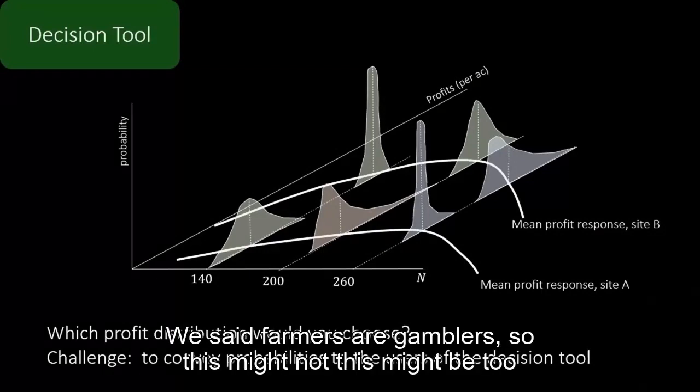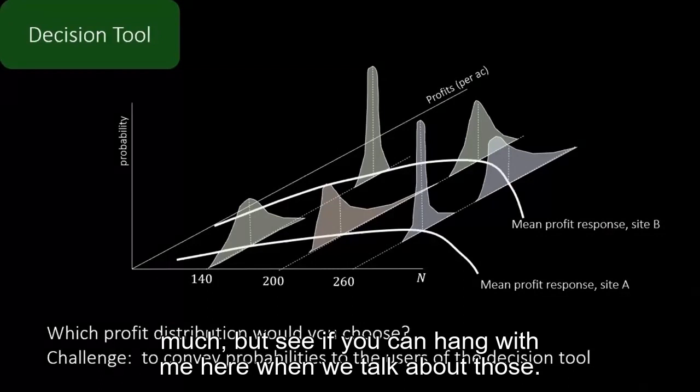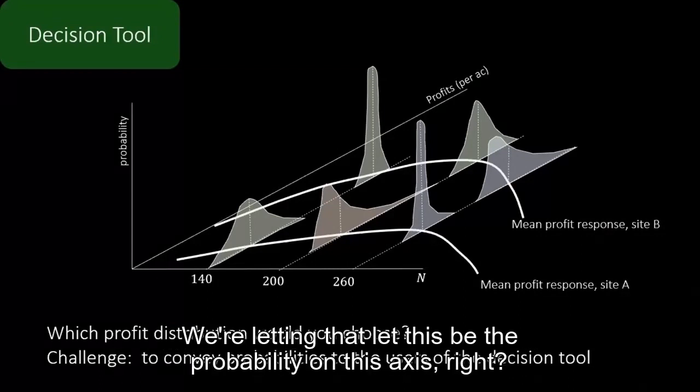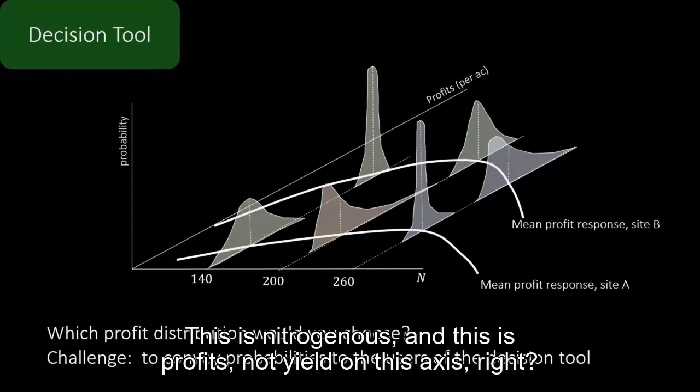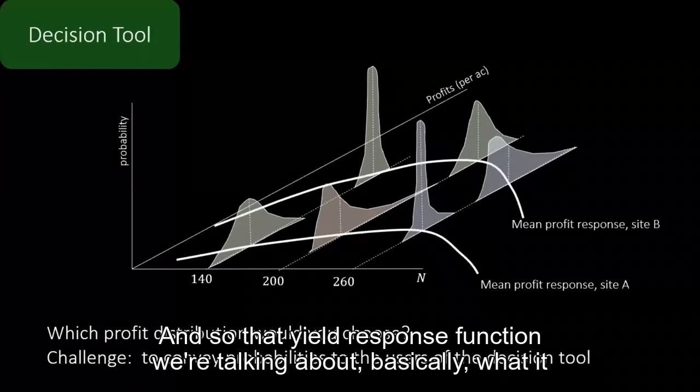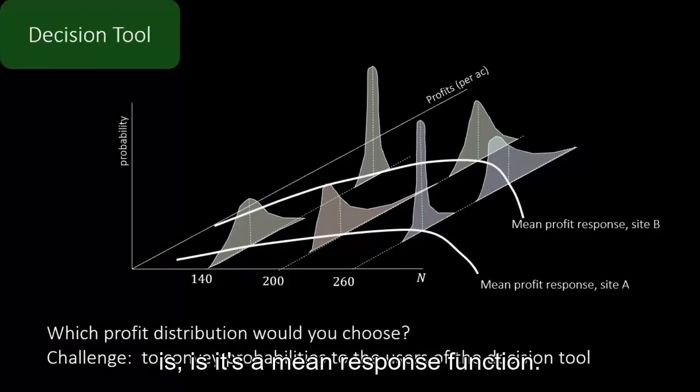We said farmers are gamblers, so this might be too much, but see if you can hang with me here. When we talk about those, let this be the probability on this axis. This is nitrogen on this axis, and this is profits, not yield, on this axis. And so that yield response function we're talking about, basically it's a mean response function.